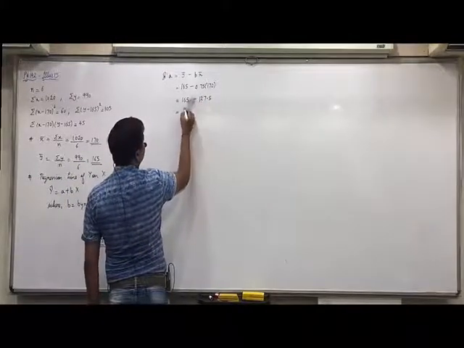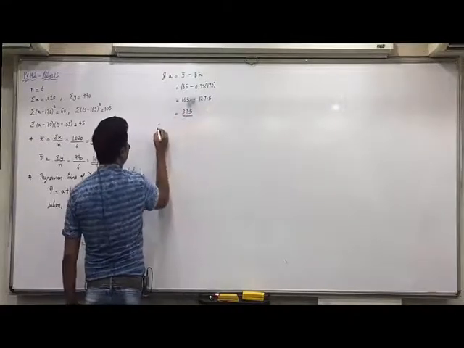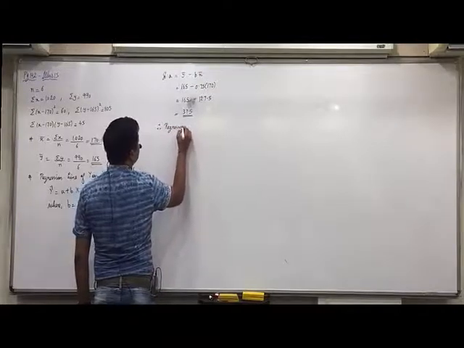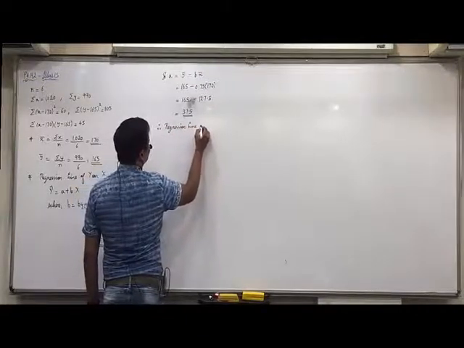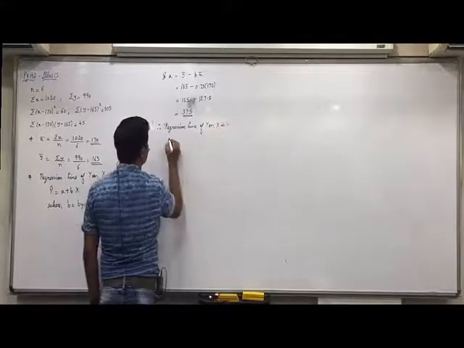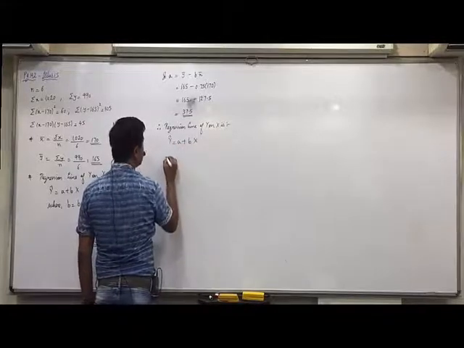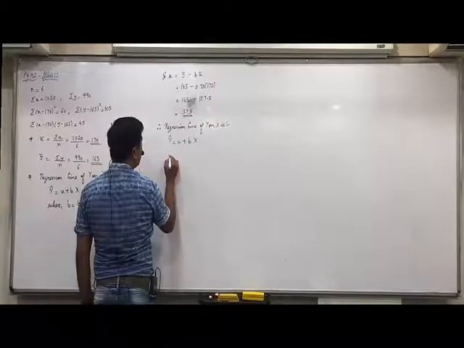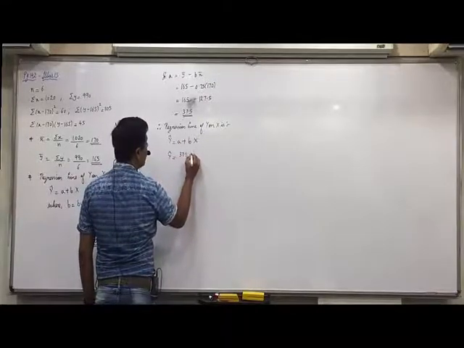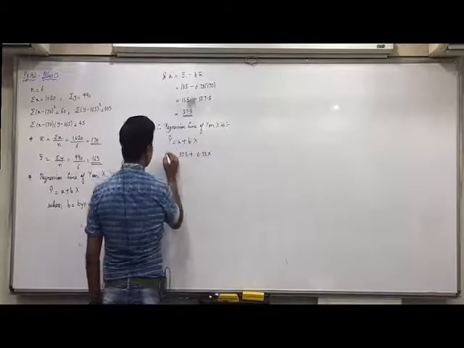So 37.5. Therefore, the regression line of y on x is y cap equals a plus bx. That is y cap equals a is 37.5 plus b is 0.75x.